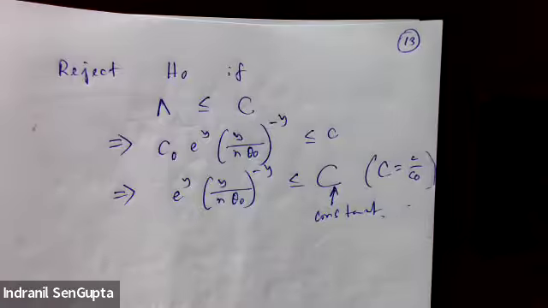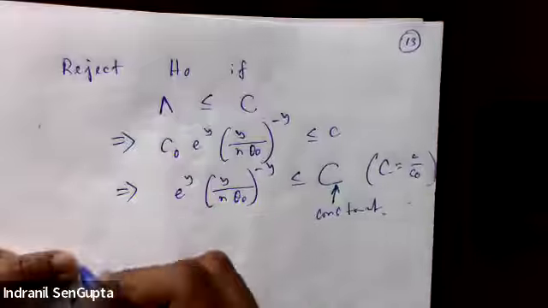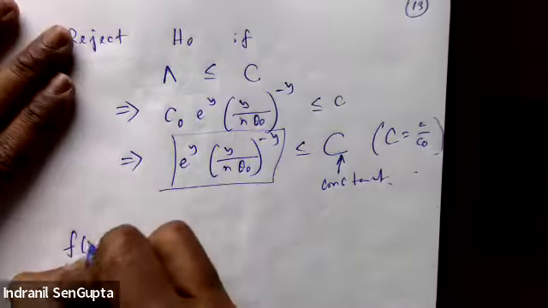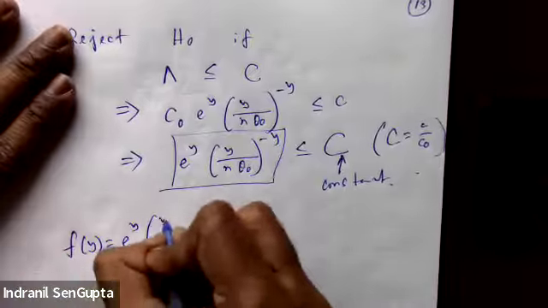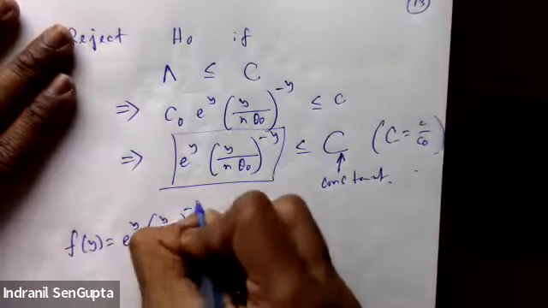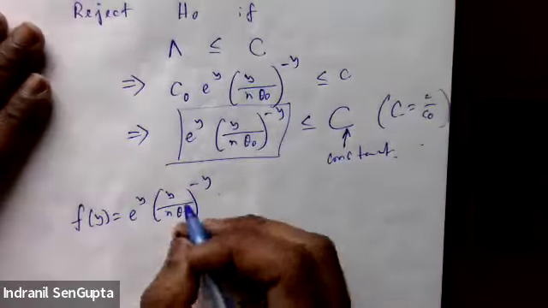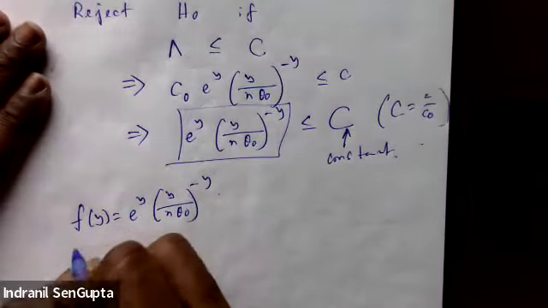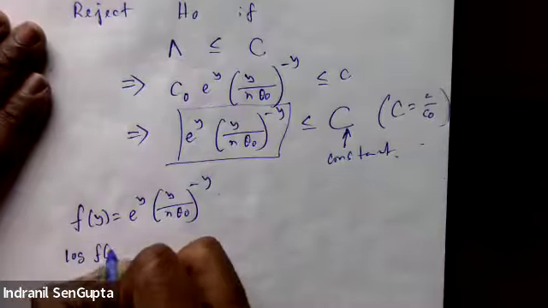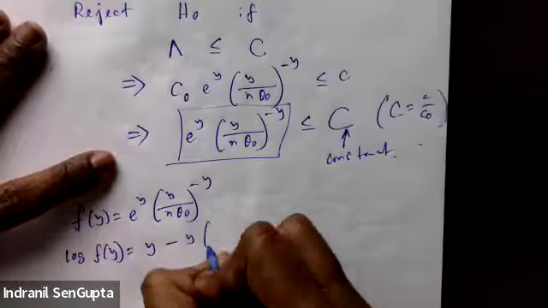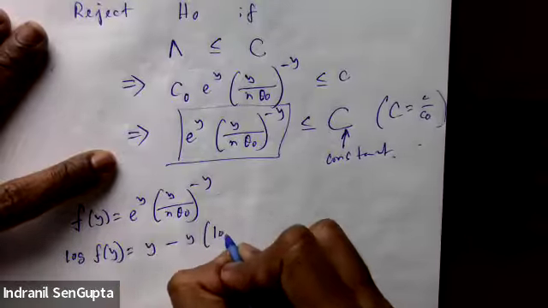Now, let's talk about this constant. Let's consider a function, so let's try to plot this one. f(y) equals e to the y, y over n theta 0 to the y. I'll leave it up to you. If you want to differentiate this, you can take a log of f(y). Let me just do one part and then I'll leave the rest.